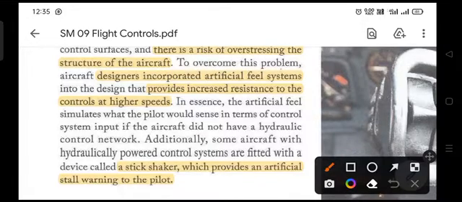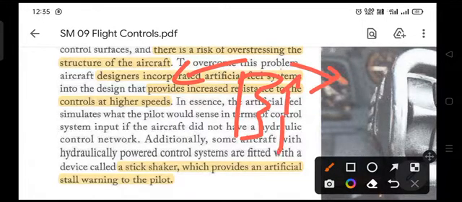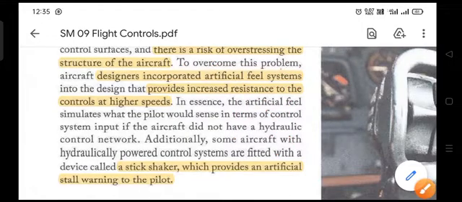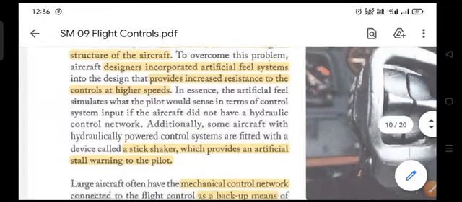When there is high speed, the control column lever in the cockpit, if you move it to the left or right, or down or backward or forward, whatever the case is, will have some sort of sensation or feeling in the hands of the pilot, which will not allow him to move it immediately in any direction, whatever he thinks is correct. That will give him a feel by increasing the load on that particular handle or control bar, so that he can feel what amount of force he is actually applying on the control surfaces.